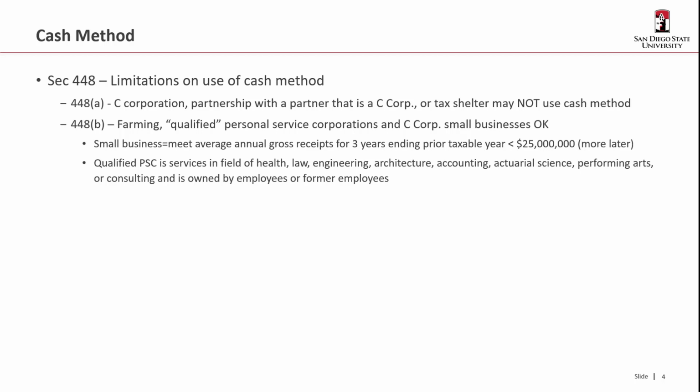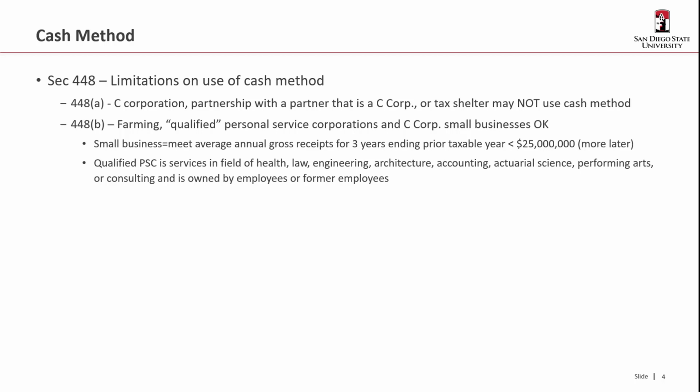Okay, so one of the important ones is the small business, and that's recently been codified in the Tax Cuts and Jobs Act as having average annual gross receipts for the 3 years ending in the prior taxable year of less than 25 million.